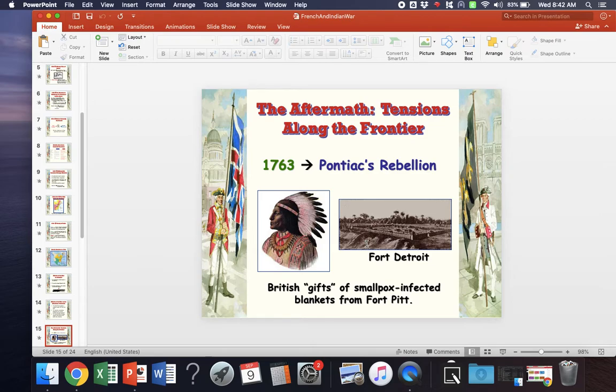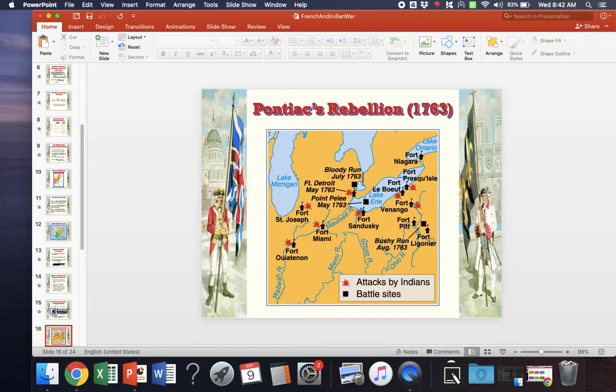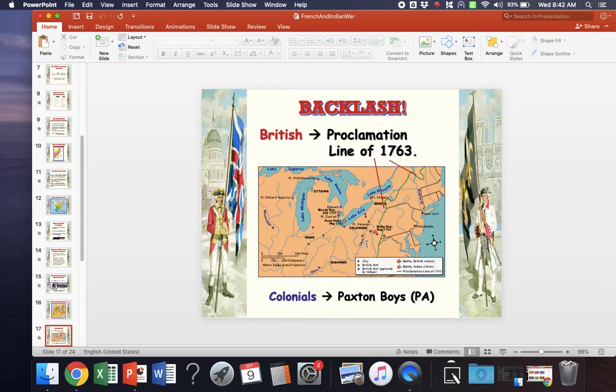All right, I'm going to stop at that. Well, I'll go ahead because we'll get this one in the notes. I'll just go through it so that you can see Pontiac's Rebellion, but I will spend more time looking at this in our notes. Here's Pontiac's Rebellion on all the different attacks. Again, this happens in 1763.